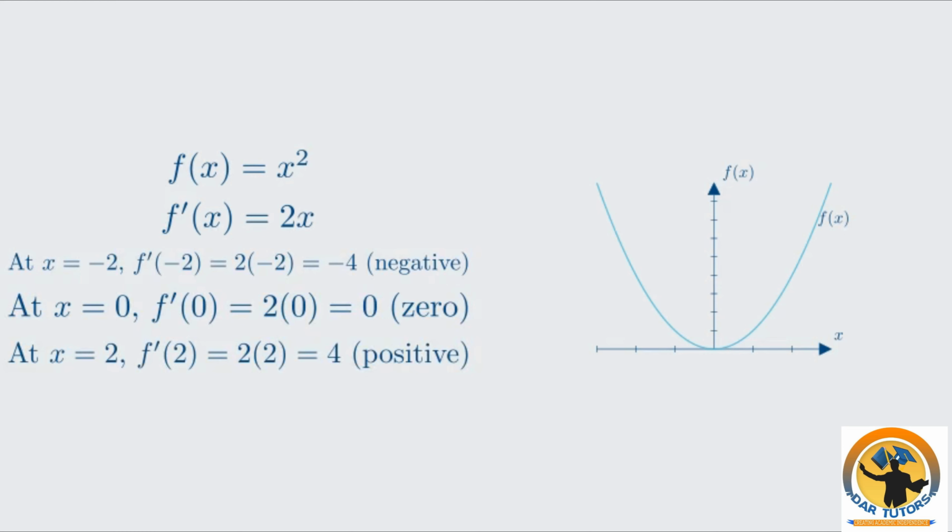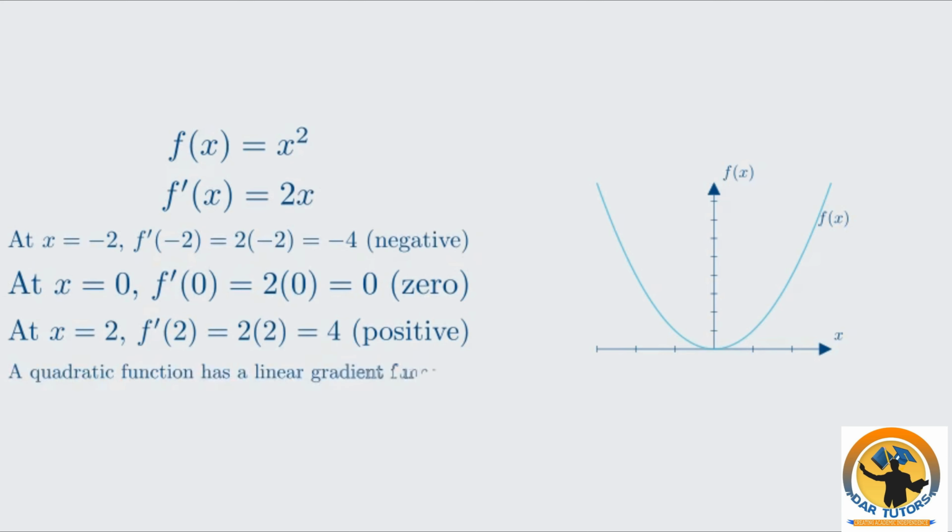At x equals 0, f prime of 0 is 2 times 0, which is 0, a 0 gradient. And at x equals 2, f prime of 2 is 2 times 2, which is 4, a positive gradient. This matches our observations. This example demonstrates that the gradient function can be a different type of function than the original. Here, a quadratic function has a linear gradient function.